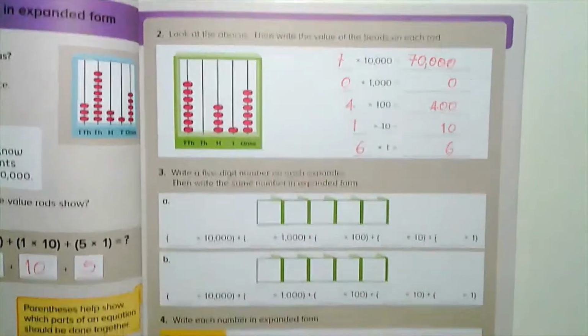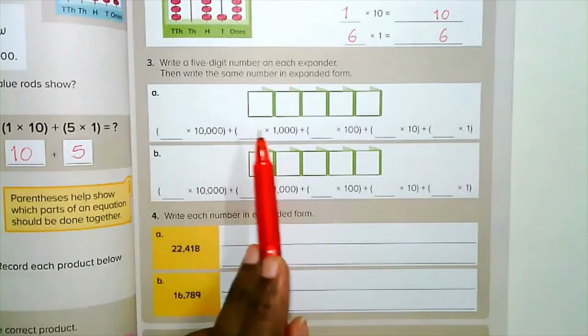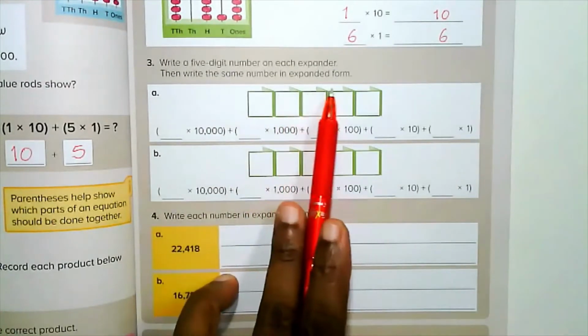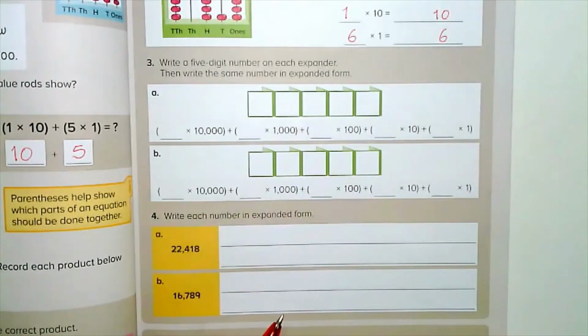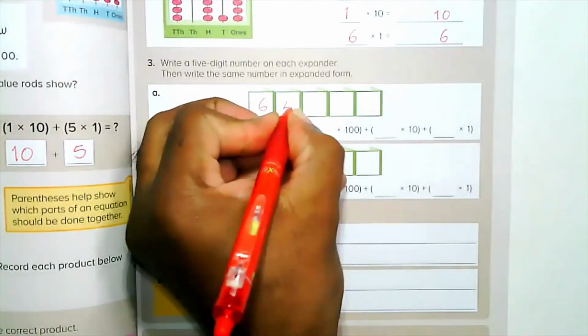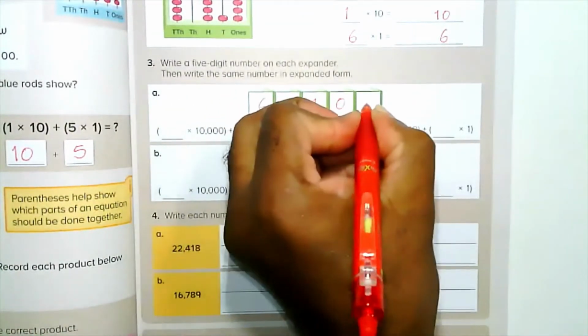Now number 3. Write a 5-digit number on each expander, then write the same number in the expanded form. So let's write, for example, 64,102.